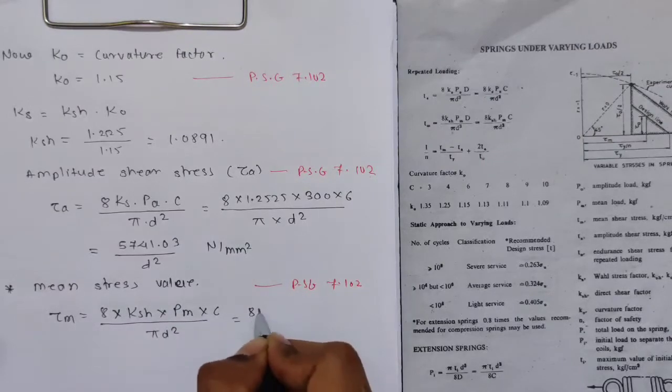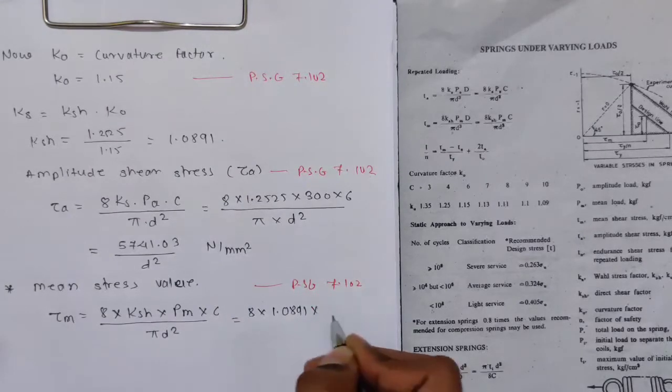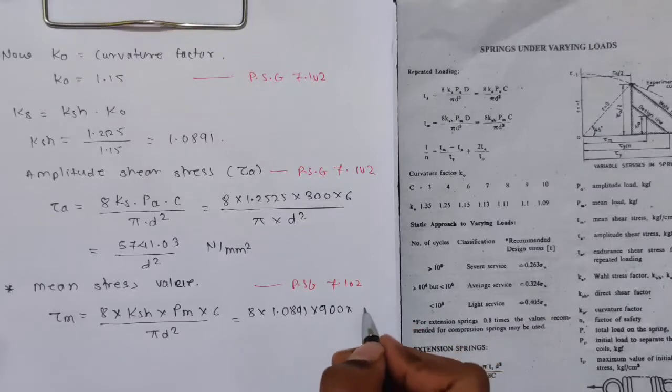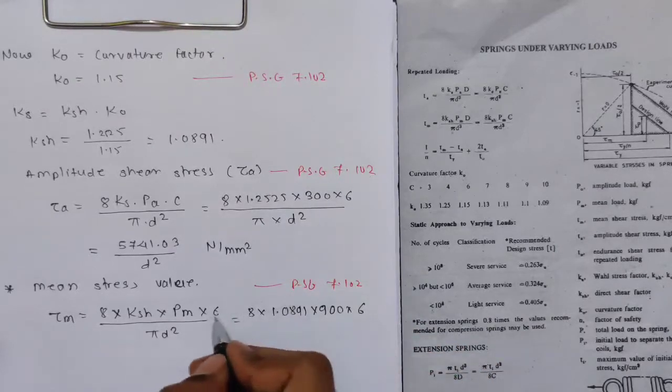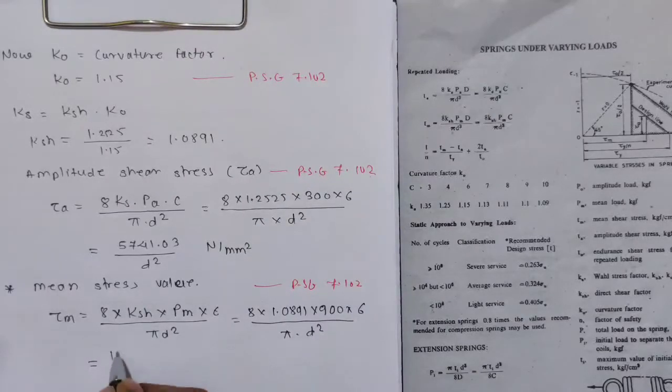So it is 8 into 1.0891, PM value was something like 900 into 6 upon pi d square. So after calculation you will get 14976.2 divided by d square. Alright, so it is also in Newton per mm square.